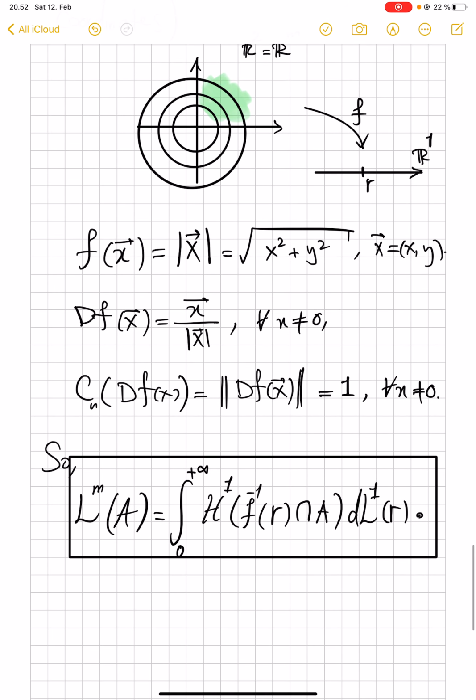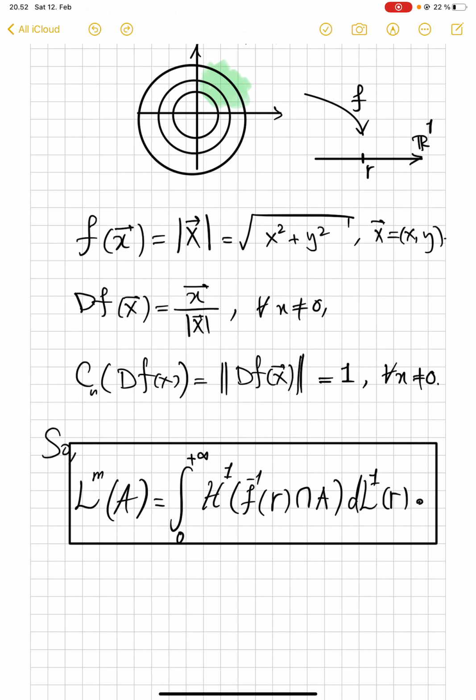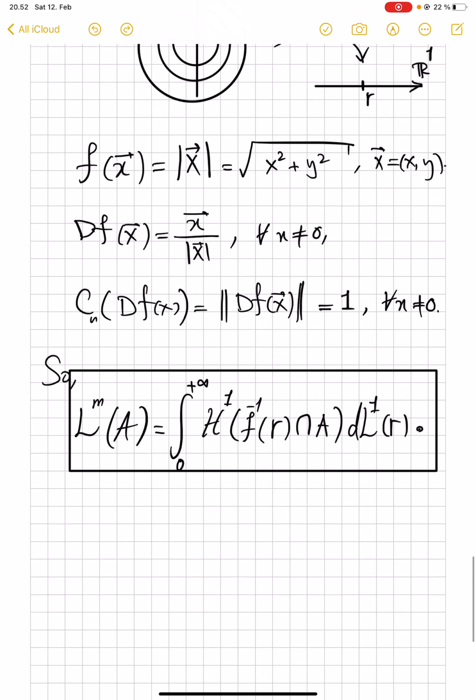And it's just a nice formula that computes the L1 measure, the length of the fibers you get within A, and then adds those lengths up, and you get area. So you measure area by measuring length. But we went to this example to illustrate how the proof above functions.